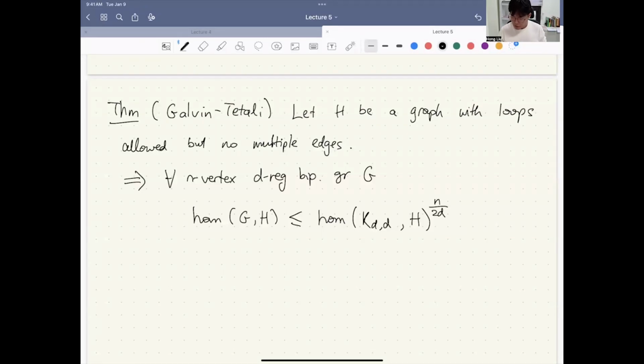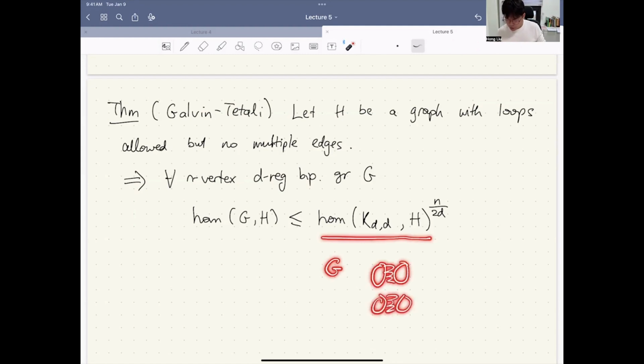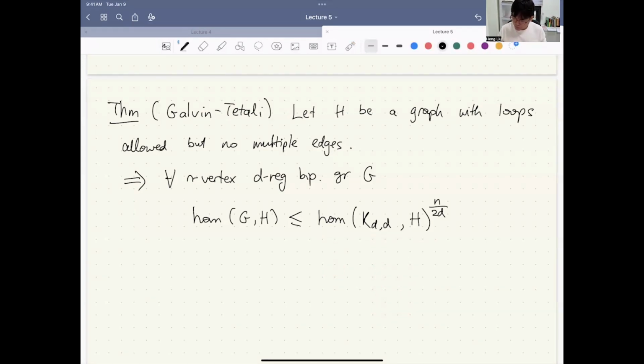So what does this mean? Well, if our graph G is d-regular, if it's the union of KDD, and the number of such copies is n over 2D, this is an n-vertex graph that's d-regular, a disjoint union of KDD.